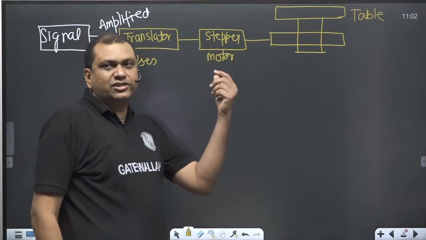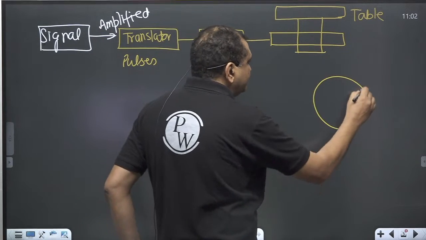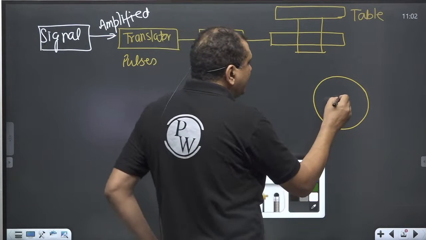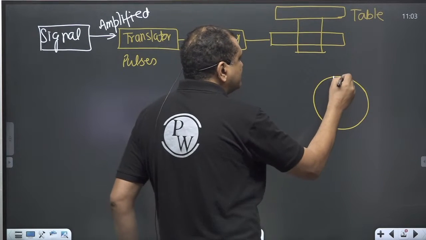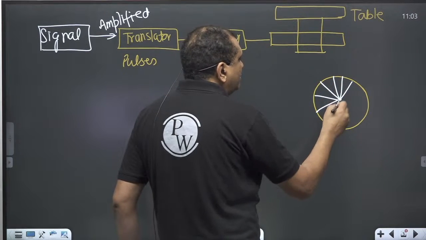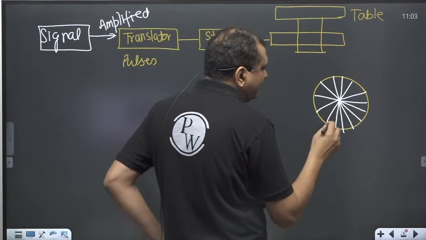So what is the construction of a stepper motor? If you see the end view, the stepper motor is having slots.